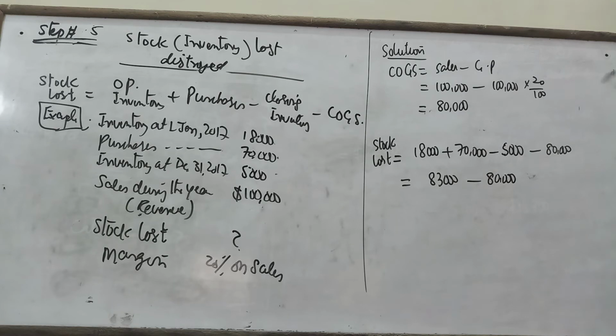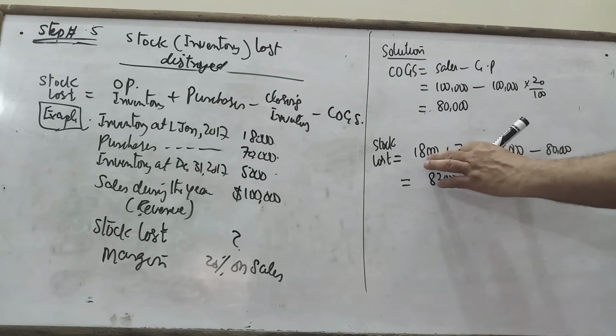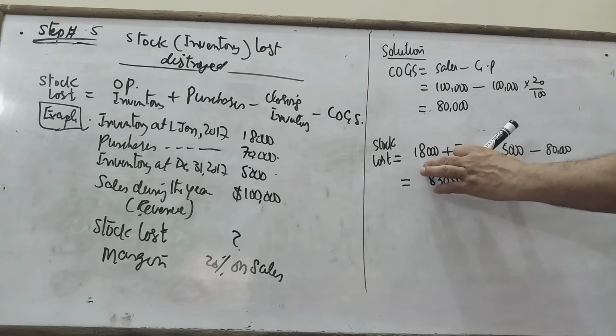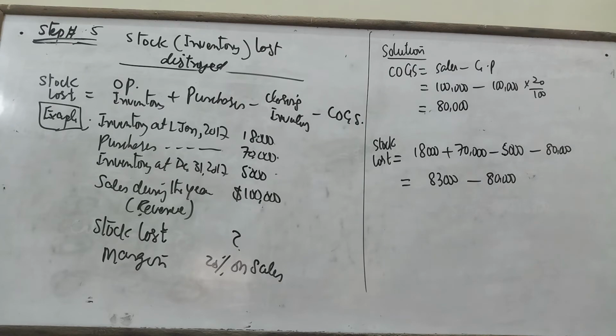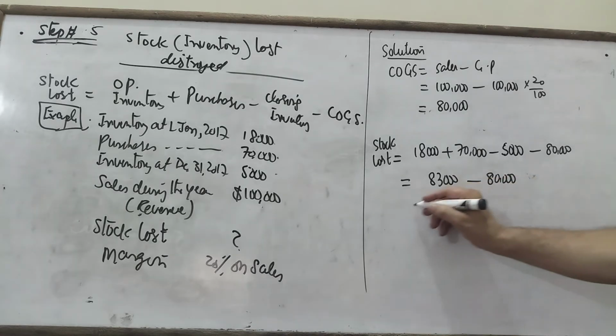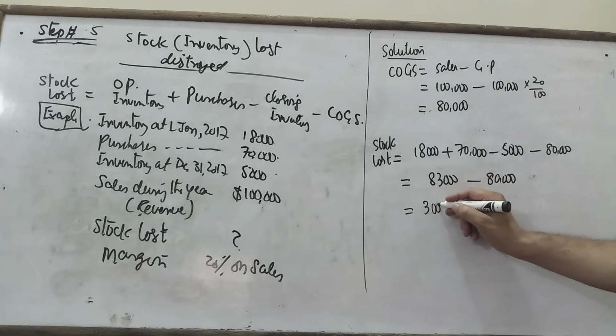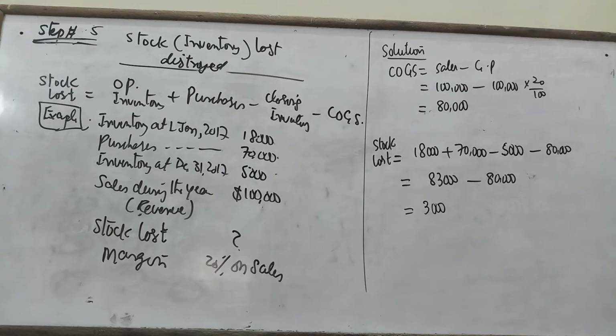According to our record, when we add opening inventory with purchases and minus the closing inventory, the cost of goods sold must equal 83,000. It is coming 80,000. Where is the 3,000 gone? That 3,000 has been lost for the year. So that means stock lost is 3,000 for the year.